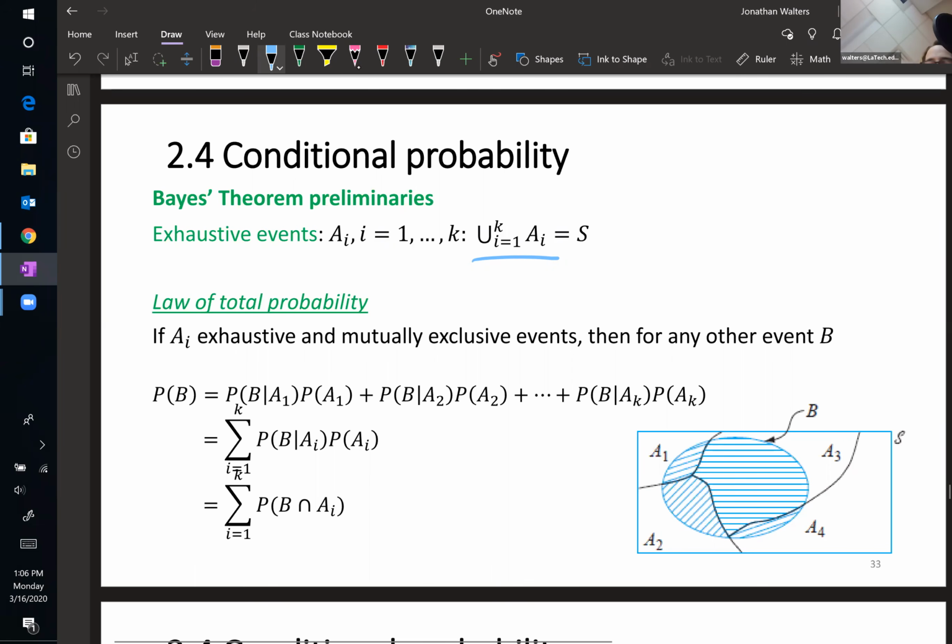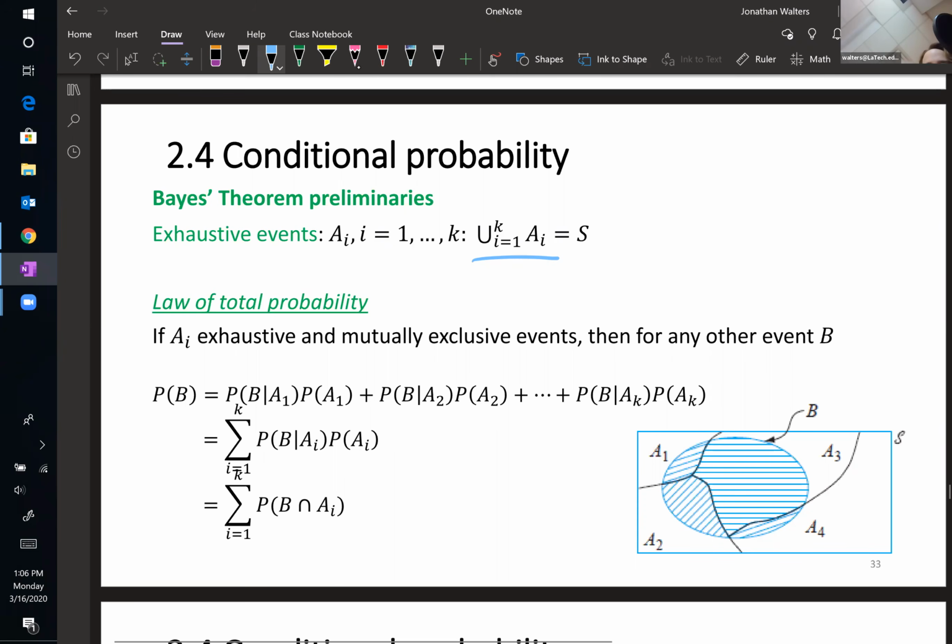So basically you could think of exhaustive events like this box down here. You can see that A1 union A2 union A3 union A4 gives you the whole sample space. These are actually mutually exclusive events in that A1 does not intersect A2, A2 does not intersect A3, A3 is this crazy thing here, and A3 does not intersect A4, A4 does not intersect any of the other two, so they're all mutually exclusive.